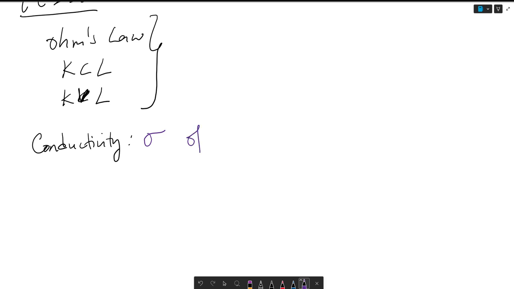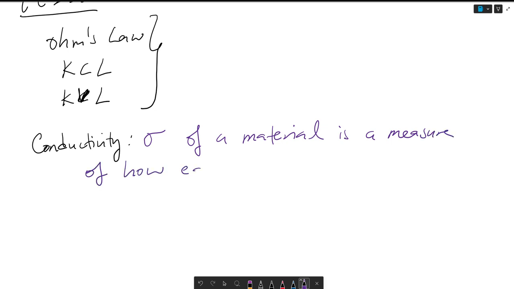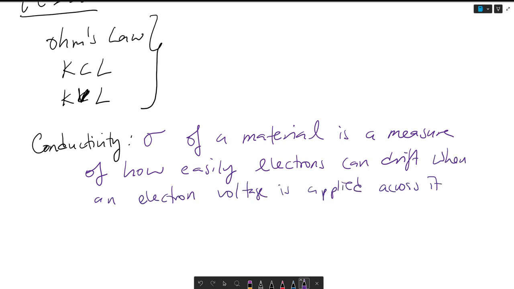The conductivity of a material is a measure of how easily electrons can drift through the material when a voltage is applied across it.